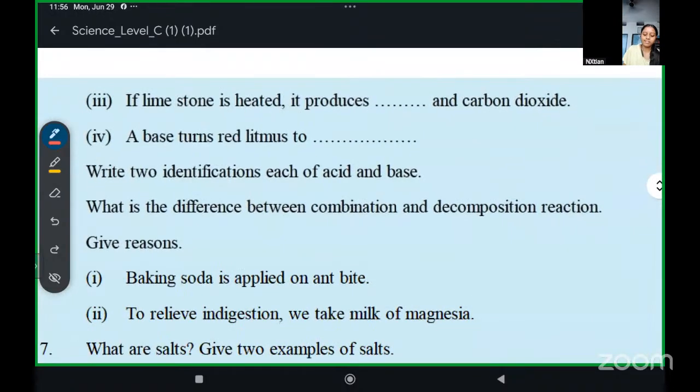If limestone is heated, it produces dash and carbon dioxide. Any answers? No. Quickly go and look it up and tell me.